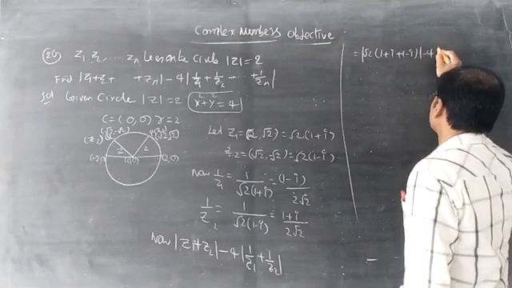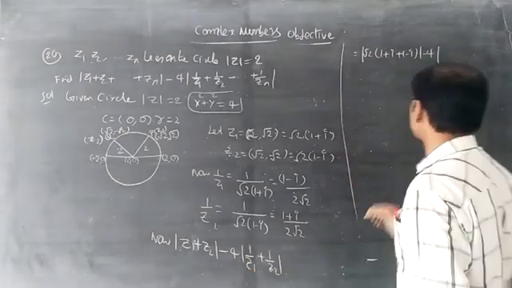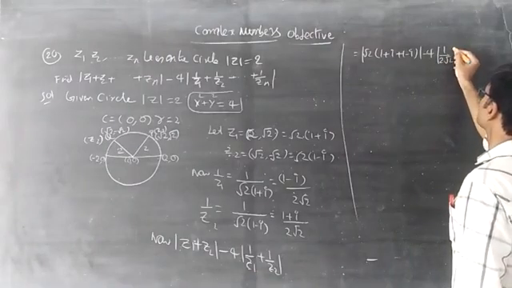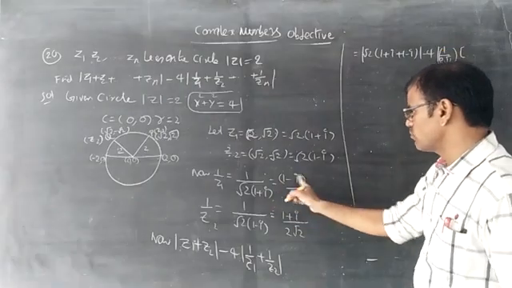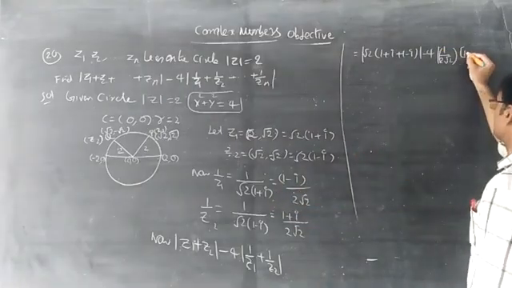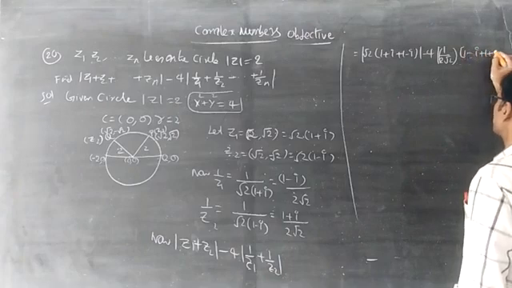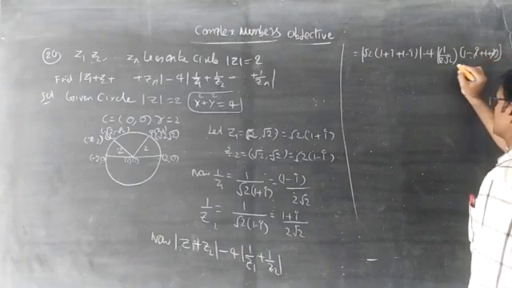Minus 4 into, within the modulus, what is happening? 1 by 2 root 2 directly you can take common here, and within brackets you can write 1 minus I plus 1 plus I. So here minus I plus I get cancelled.